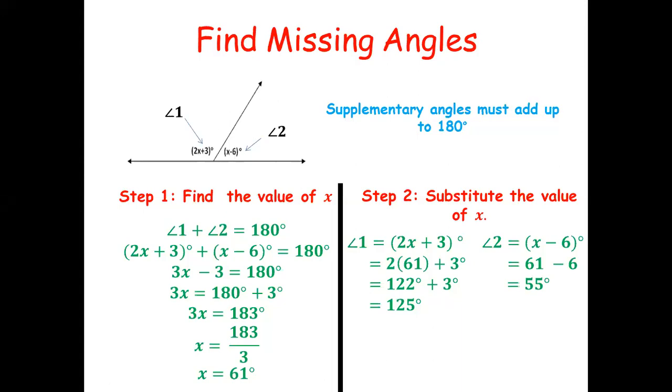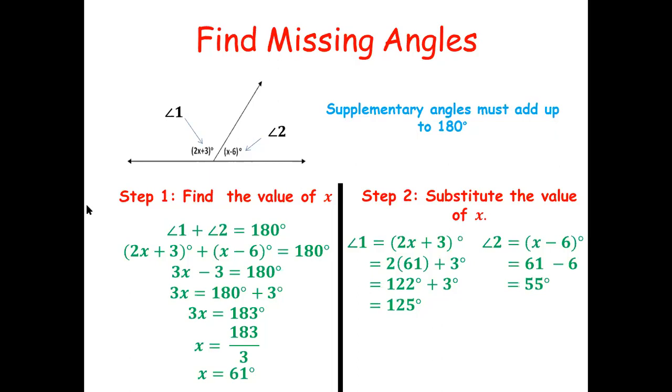In such cases, when the angles are identified with variables, the first step is to find the value of x. What does x stand for? Without knowing the value of x, we cannot do anything, right? So when they say find the measure of each angle, first start by finding the value of x.